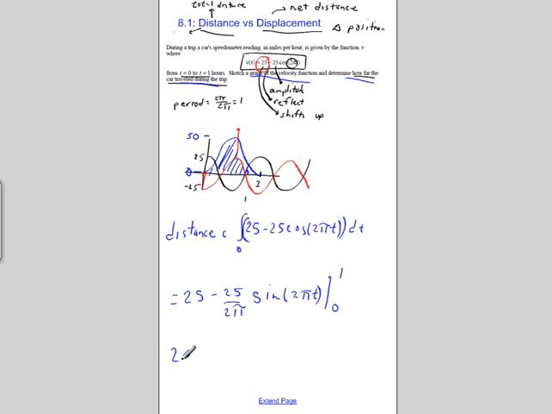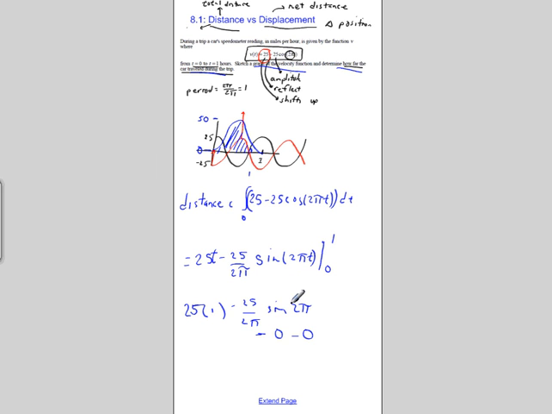We get, oh, that should be 25t. So we get 25 times 1 minus 25 over 2 pi sine of 2 pi, minus, well, now plugging in 0, this term would be 0, minus, and this term is also 0 because sine of 0 is 0, and sine of 2 pi is 0 as well.